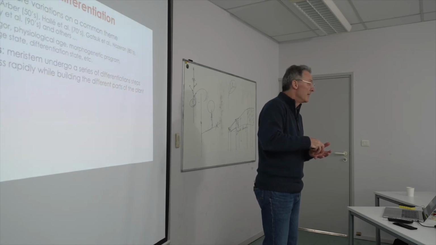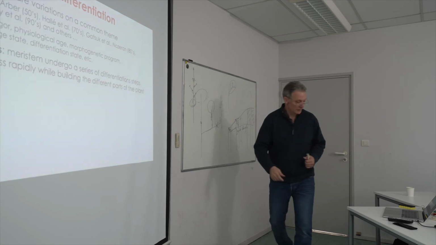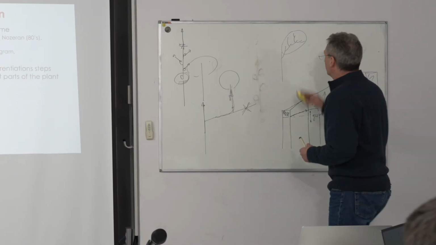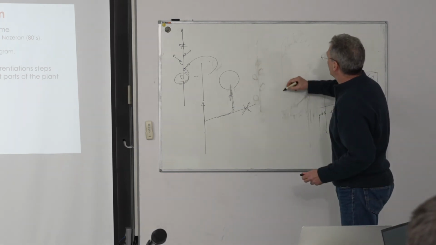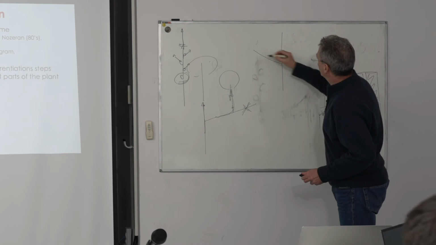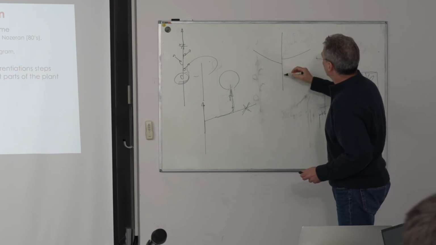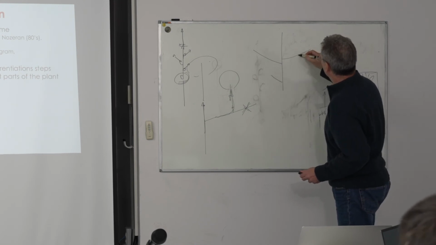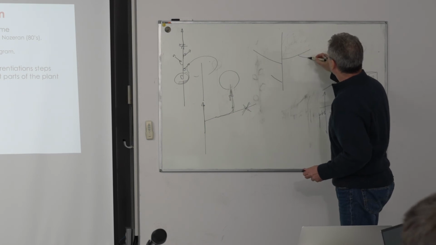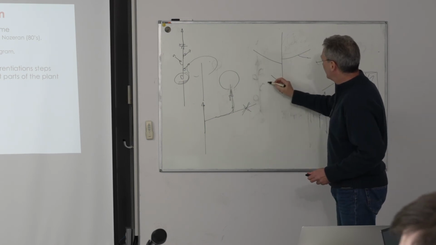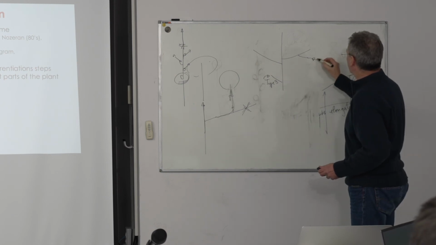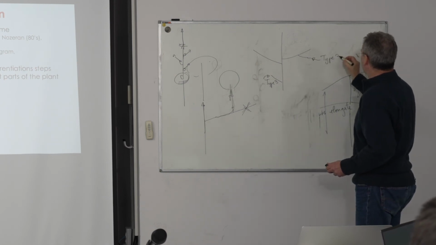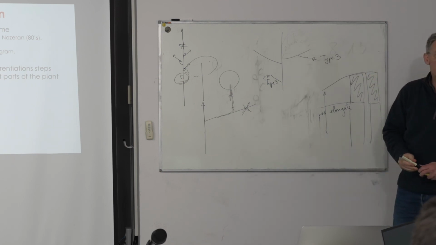Okay, so I can make you a picture. Imagine that I have a plant like this. And this is an axis of type 3, and this is also an axis of type 3, or physiological age 3. Okay?